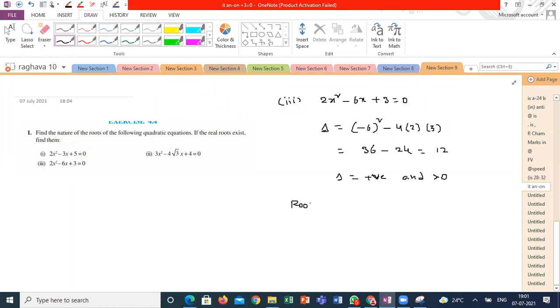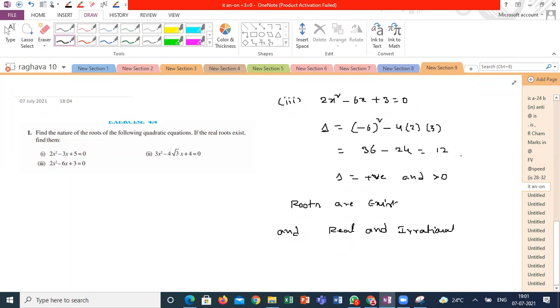So roots exist and are real. Rational or irrational? Is it rational? It is irrational.